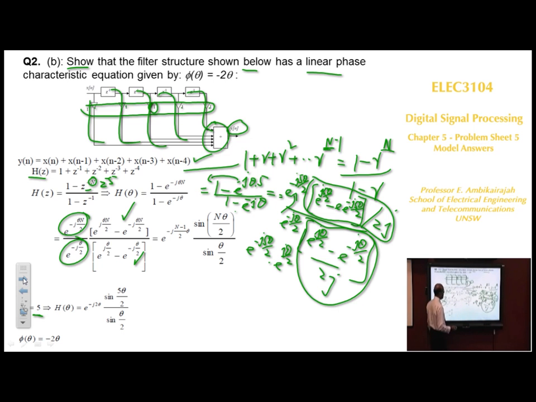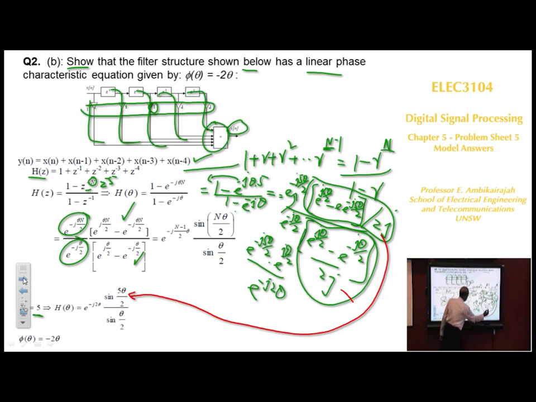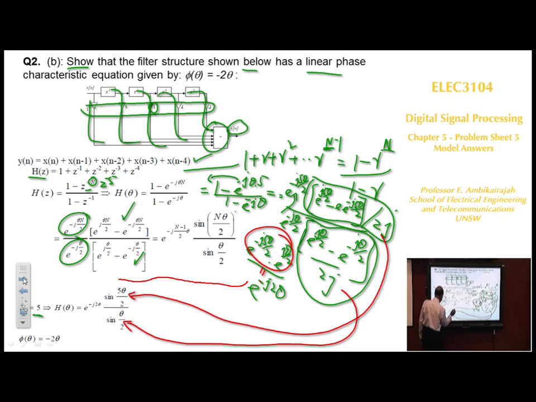So if you do that, it will end up as e to the power minus j 2 theta, and this will become sine 5 theta over 2 here. From here to here, sine 5 theta over 2. From here to here, sine theta over 2. So this whole thing is equal to that.